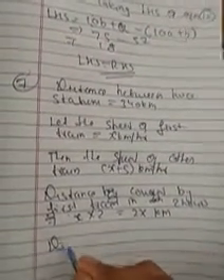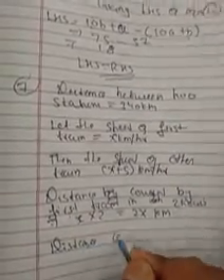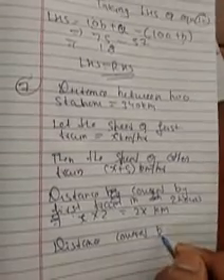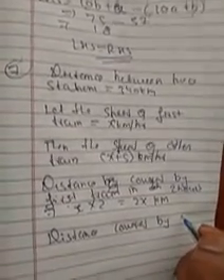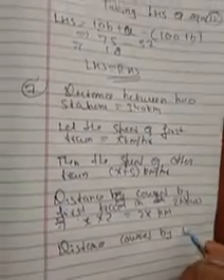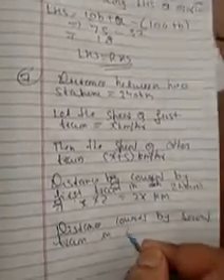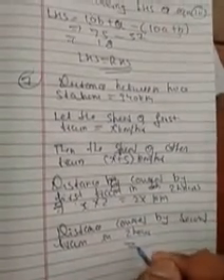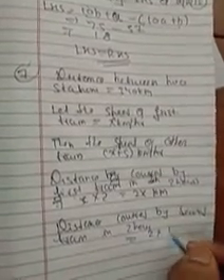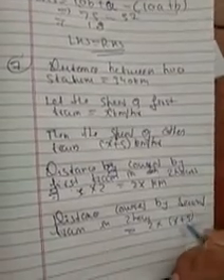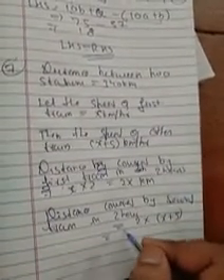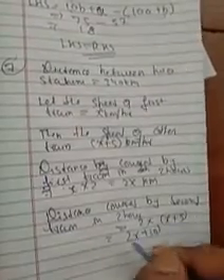And the distance covered by the second train in 2 hours will become 2 into x plus 5, or 2x plus 10 kilometers.